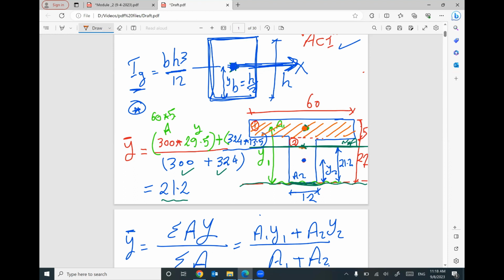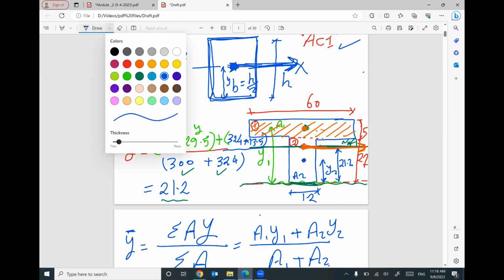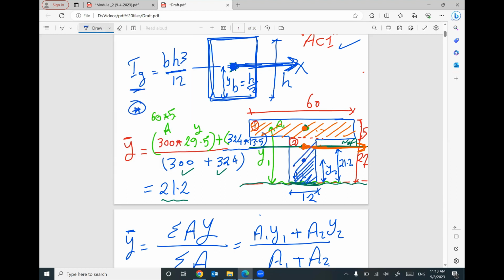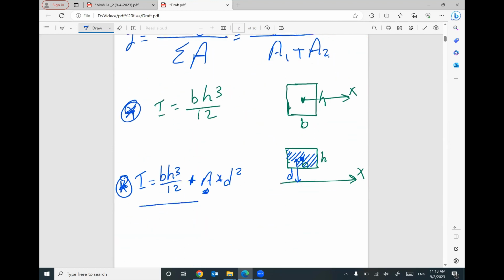Unfortunately, your x-axis is here. So we have a distance in between. For the second part, this one, the centroid is here, and unfortunately your x-axis is located here. So we have a distance in between. So we have to use this expression.